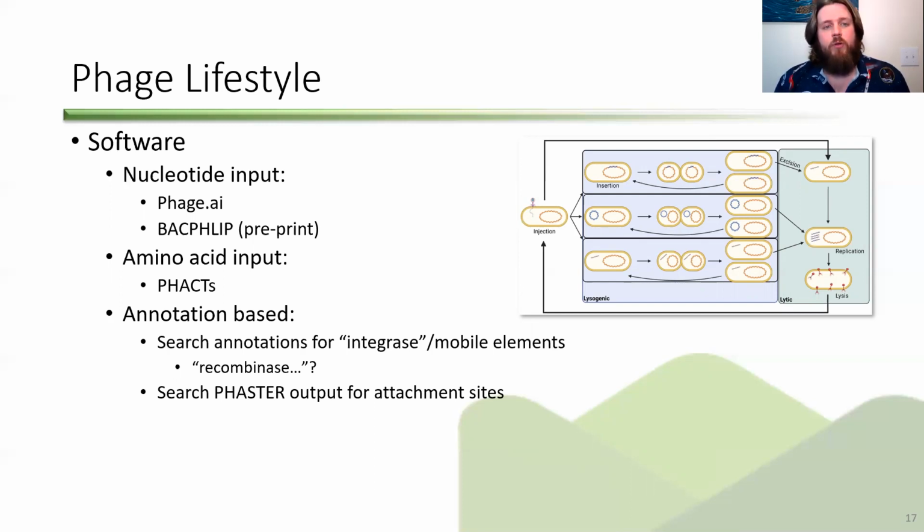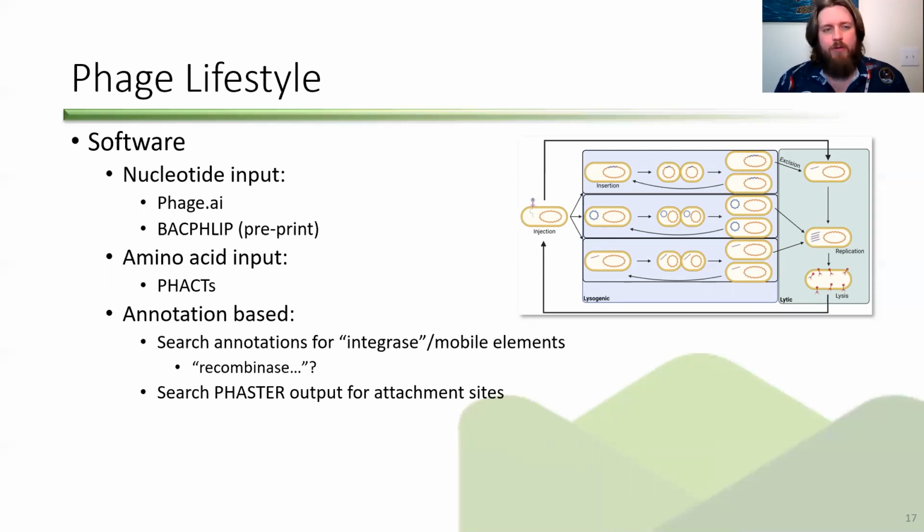This is web-based, and it does use machine learning to look for association between temperate and lytic phages using available known lytic and temperate phages. So it predicts where your phage is and what it's most closely related to, and then it uses that to try to get an idea of its lifestyle.